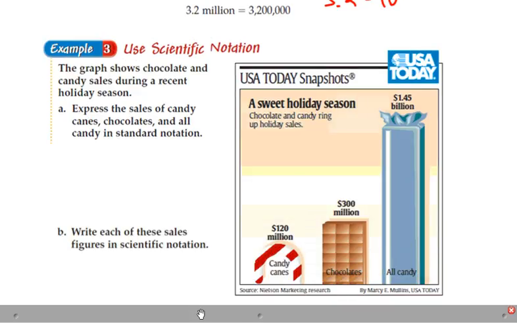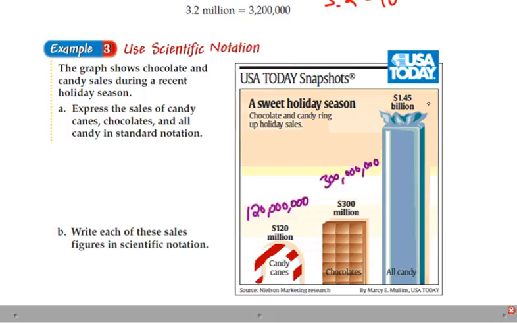It says the graph shows chocolate and candy sales during a recent holiday season. Express the number of candies in standard notation and then also in scientific notation. So standard notation, 120 million, you'd have to write that as 120 million. 300 million would be the same thing, only 300 million.